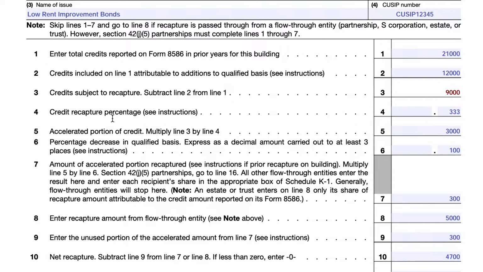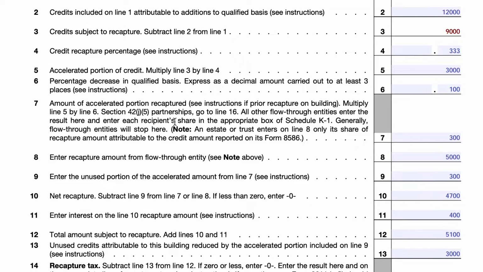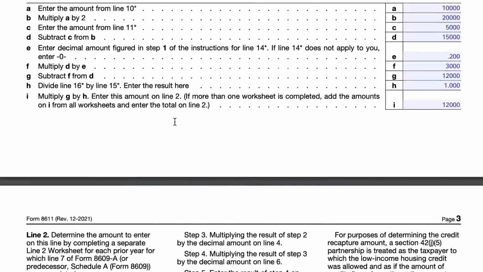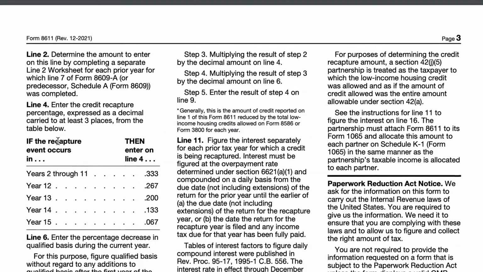Now in line 4, we're going to enter a credit recapture percentage. And that gives us basically a table down here. So if the recapture event occurs anytime between putting the building into use and the end of year 11, then it's 33%. That's expressed as a decimal, so 0.33.